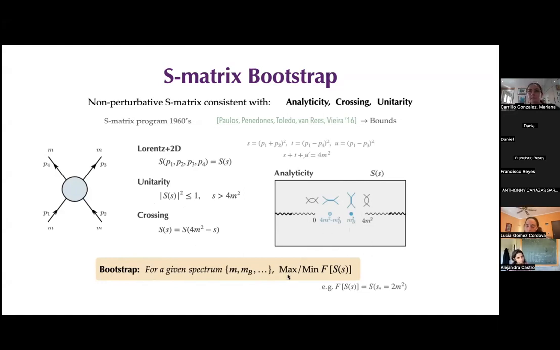And then you maximize or minimize a functional of this amplitude S of S. So one thing you could do, for instance, is maximize or minimize the value of a function at this crossing symmetric point. This would be some definition of a quartic non-perturbative coupling. And you can play this game in various different scenarios.